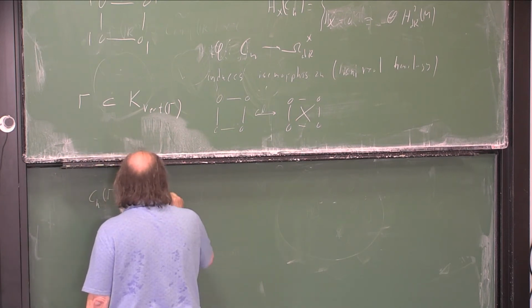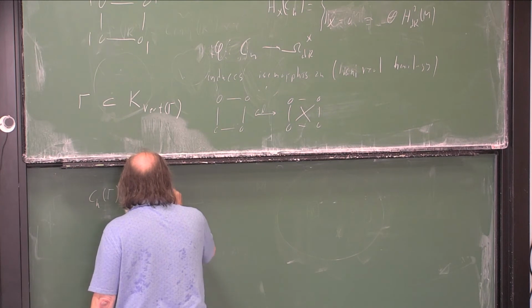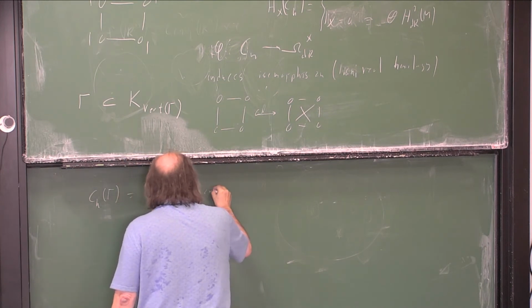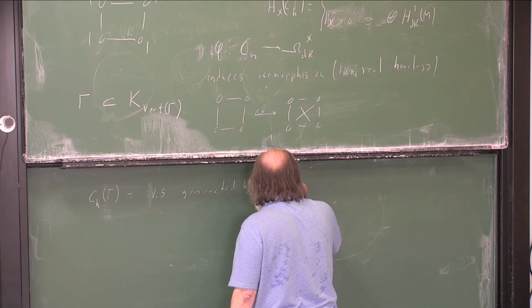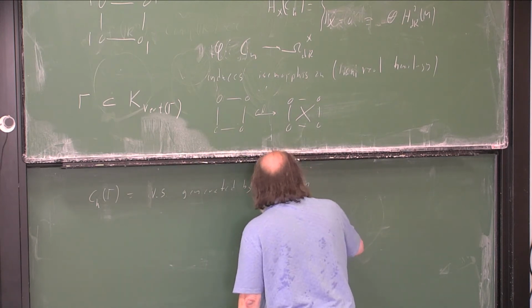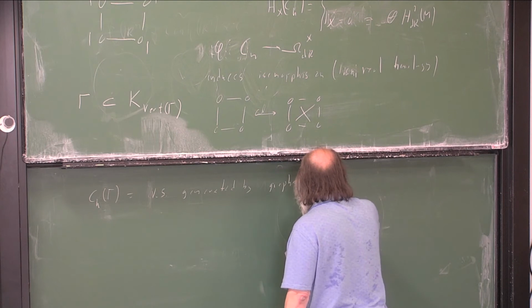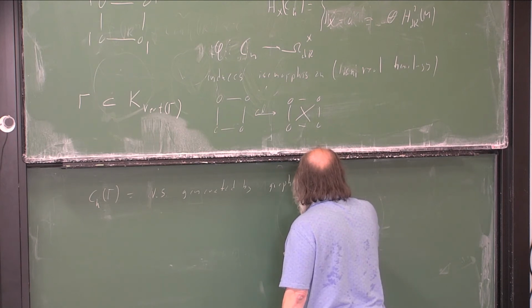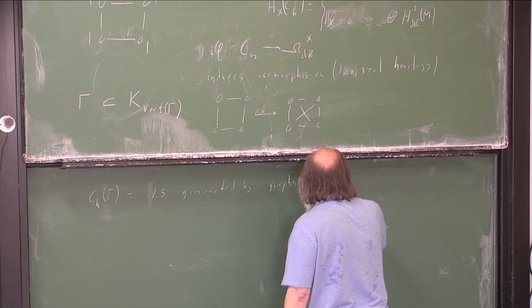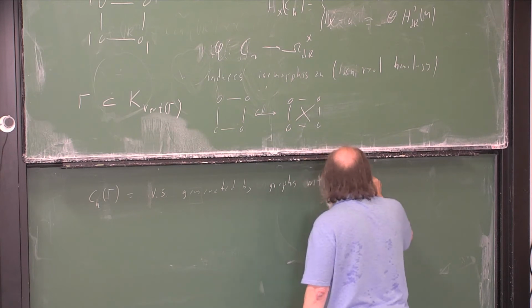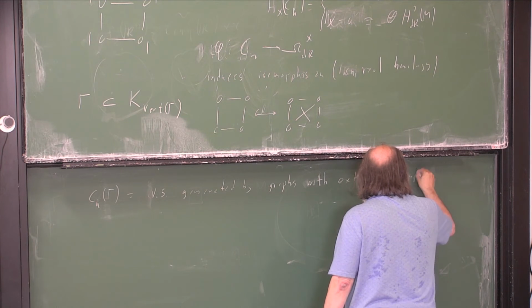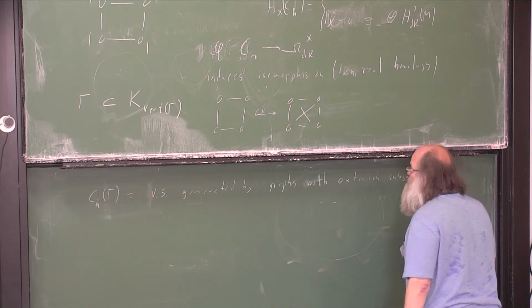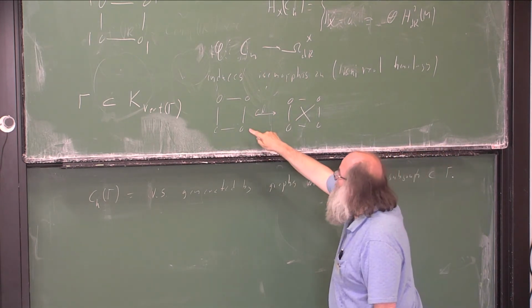So this is the vector space generated by graphs with exterior subgraph contained in gamma.